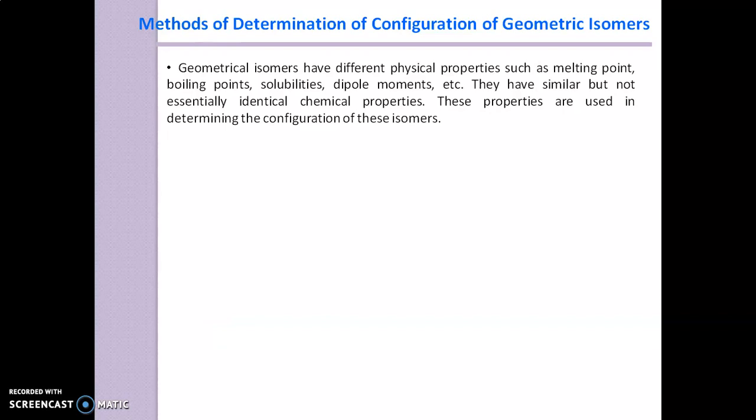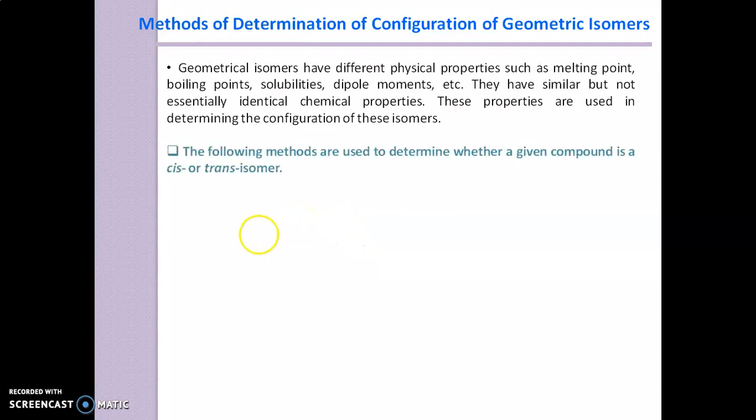Geometrical isomers have different physical properties such as melting point, boiling point, solubility, dipole moment, etc. They have similar but not essentially identical chemical properties, and these properties are used in determining the configuration of these isomers.